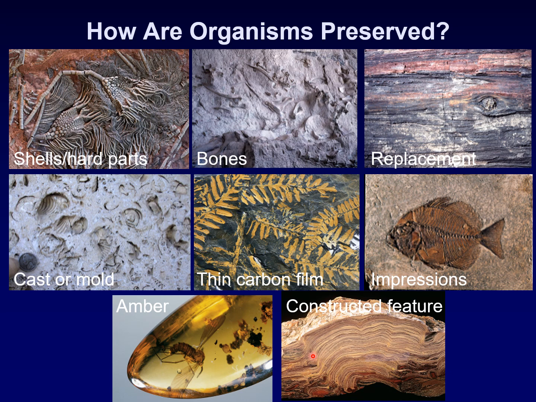And while the actual parts of the organism, in this case a stromatolite, which is a bacterial clump, the organic parts of that bacteria are long gone, but the sediments that it used to construct its kind of colony are still around, and so we see that in the fossil record as well.